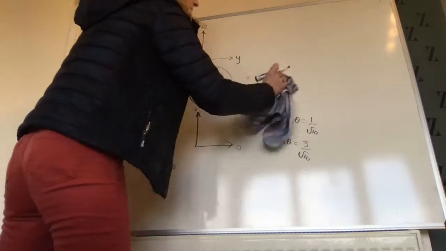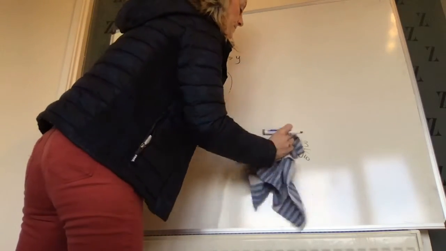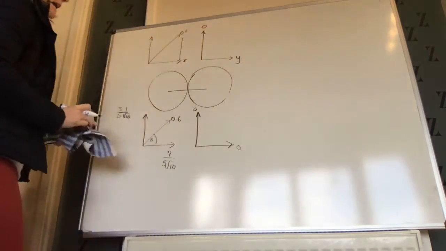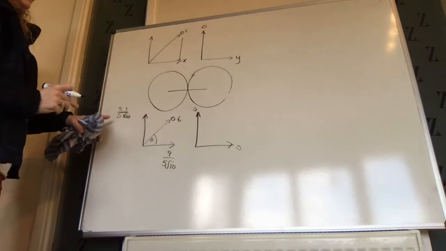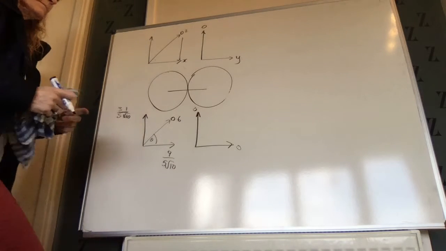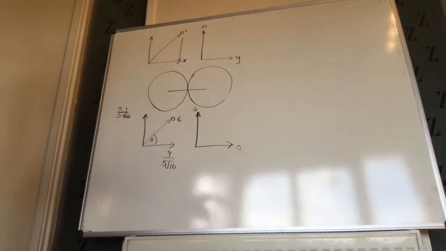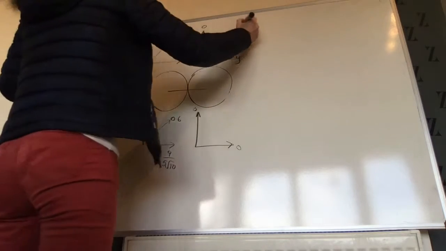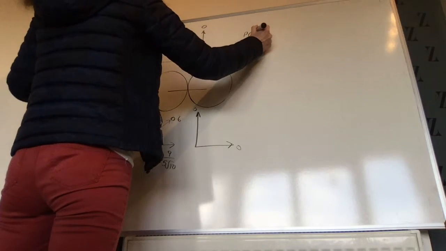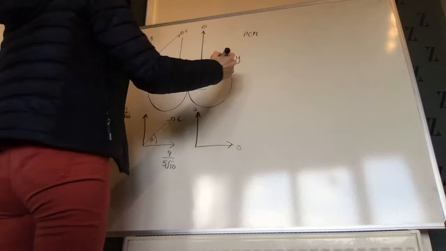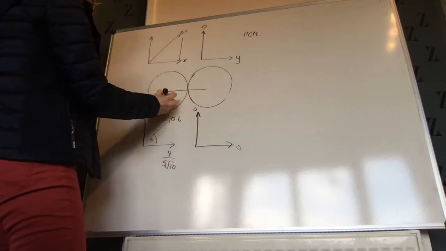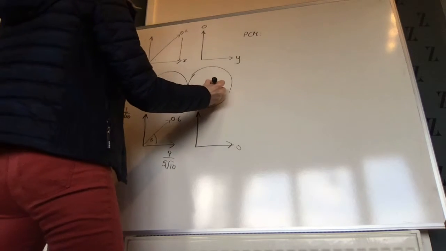Now we'll use our principle of conservation of momentum and Newton's experimental law. So the principle of conservation of momentum, we have this is m and this is 2m.